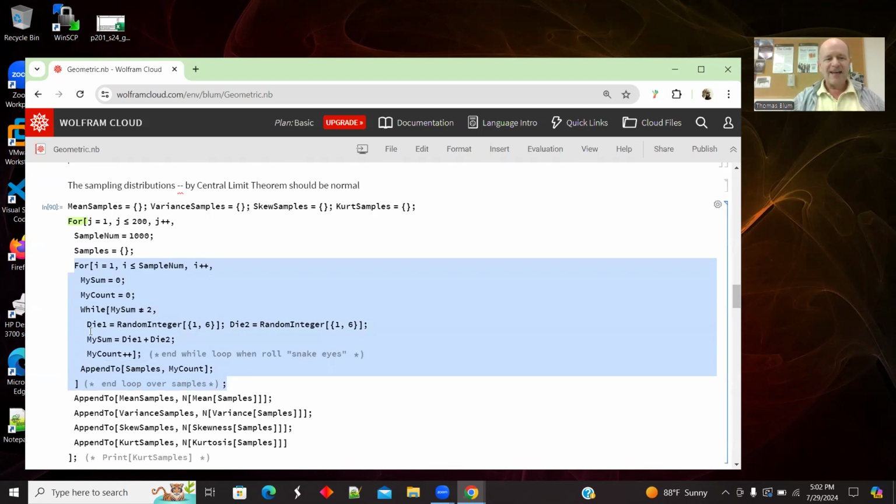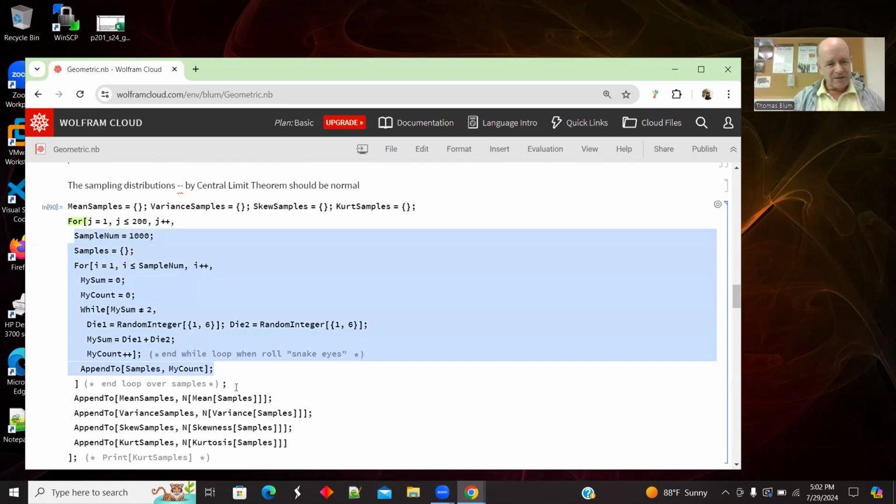So that is a single simulation, in this case over 1,000, not 10,000, but 1,000. But then I'm going to repeat that simulation over 1,000 samples. I'm going to do it 200 times.